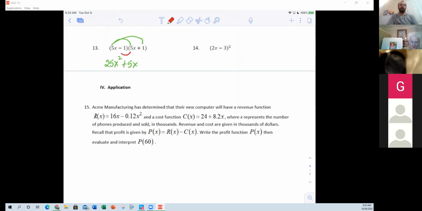So it should be negative 5x. And then negative 1 times negative 1 is negative 1. And then since these are both the same variable, they cancel each other out. You come up to 0. So your final answer is 25x squared minus 1.